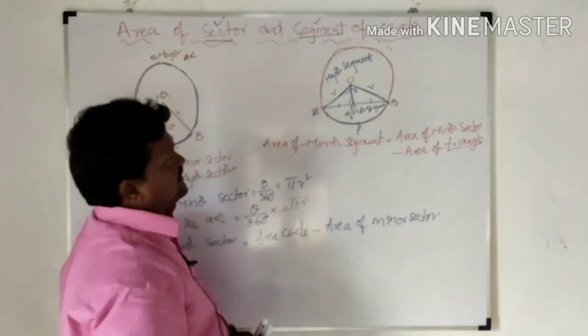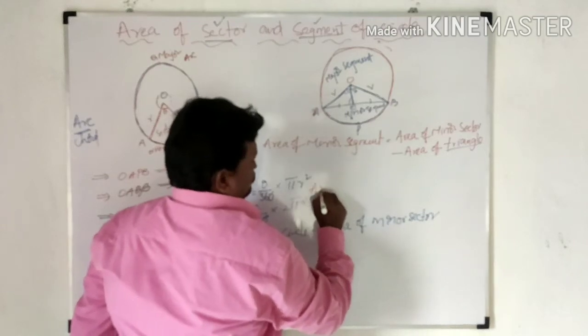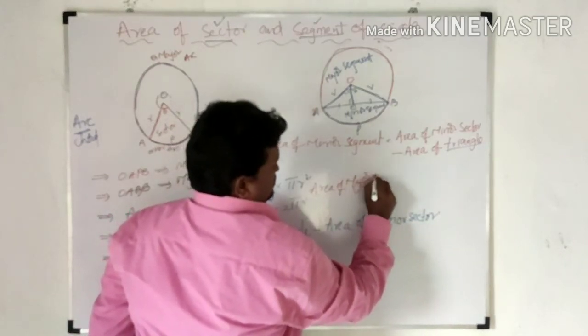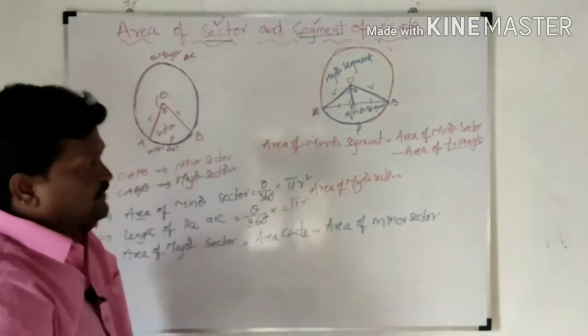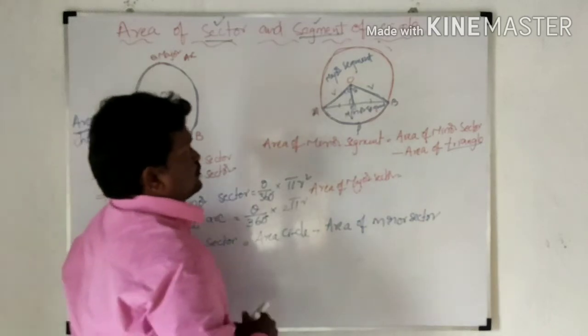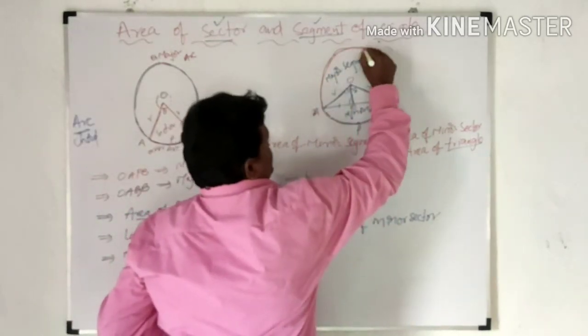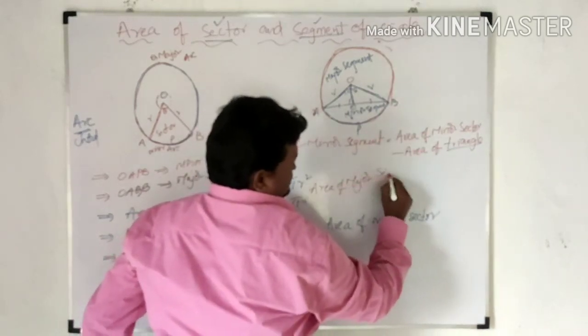Then how can you find the area of the major segment? This is the major sector, and this will be the major segment.